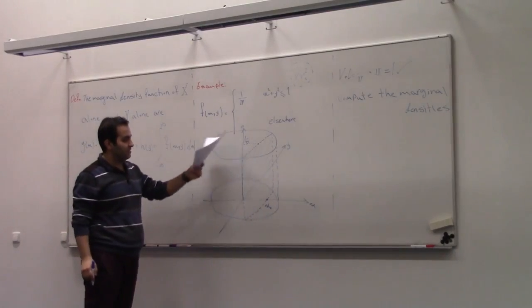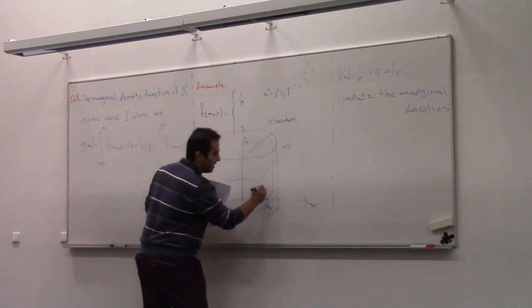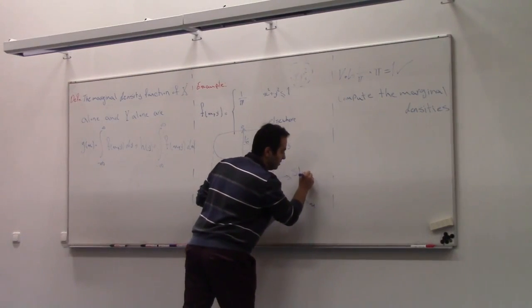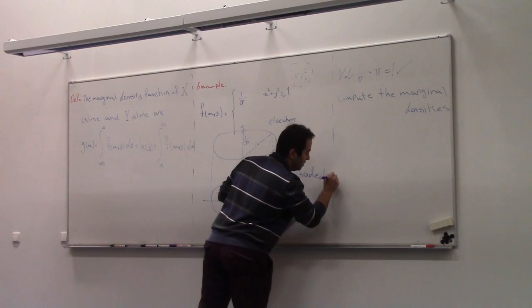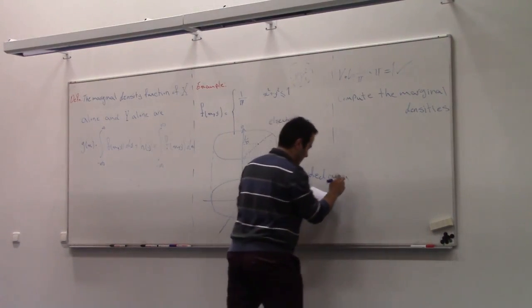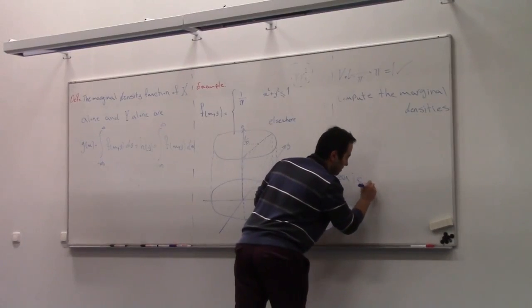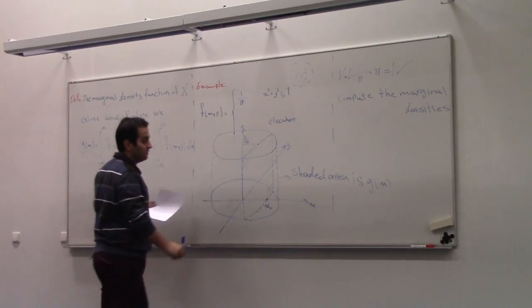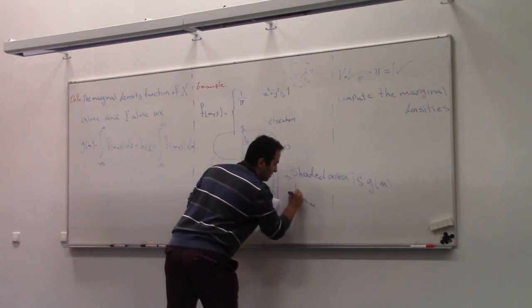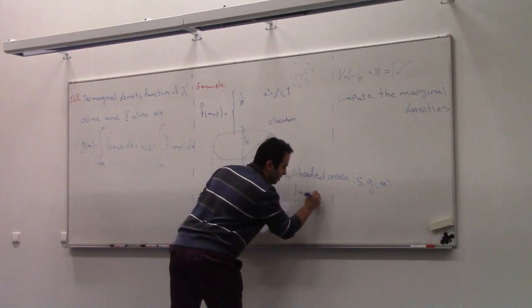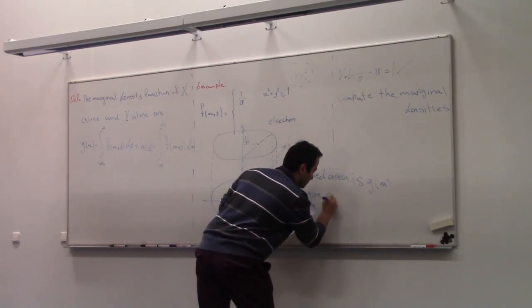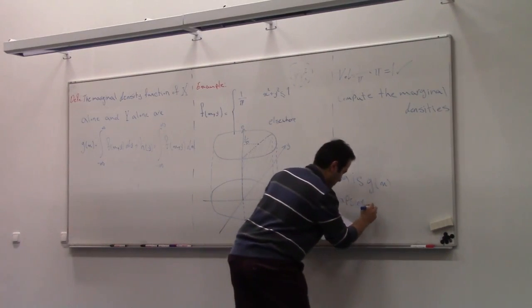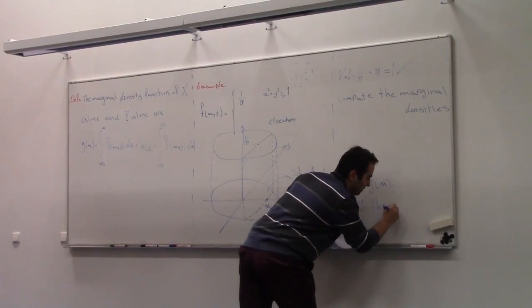From this shape, we know that this area, the shaded area, is x. Okay? Imagine collapsing the y-axis.